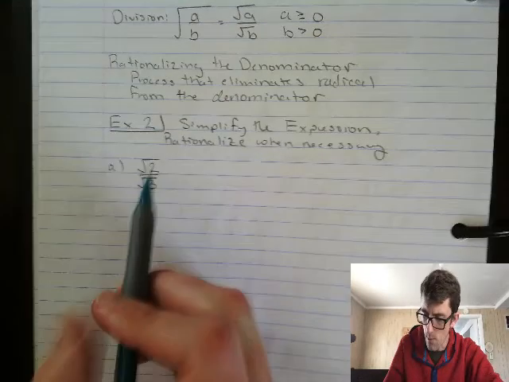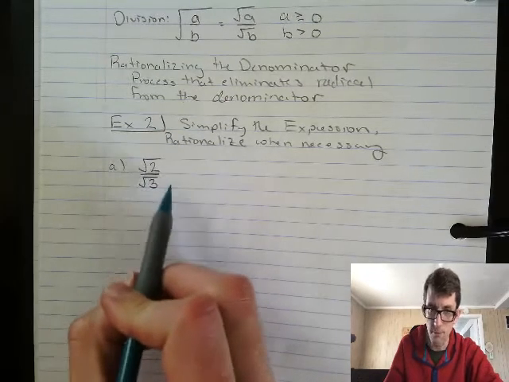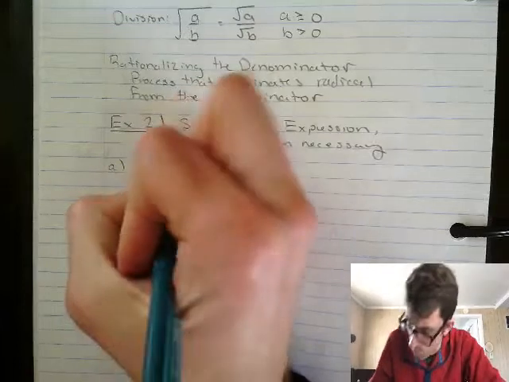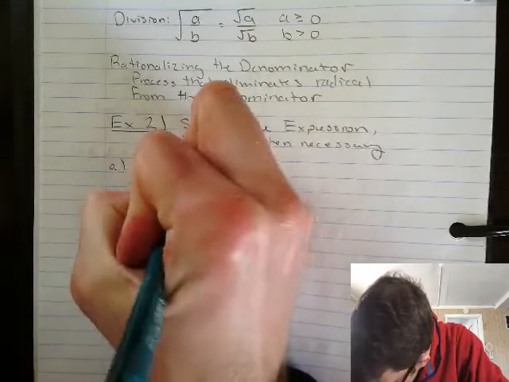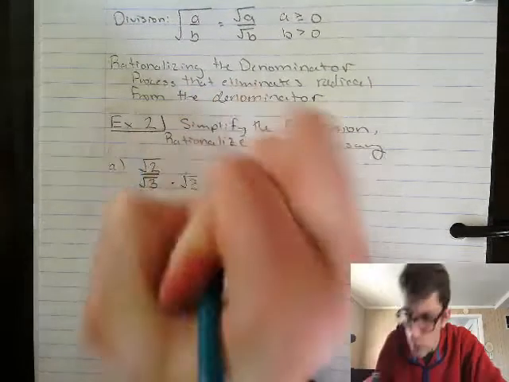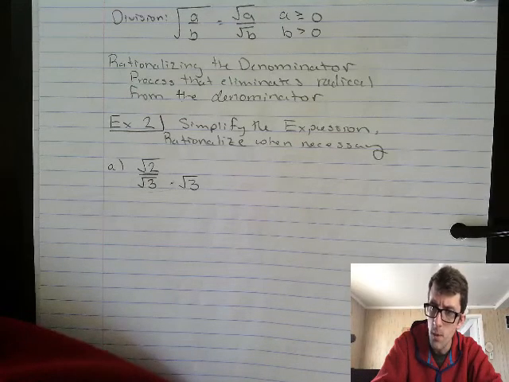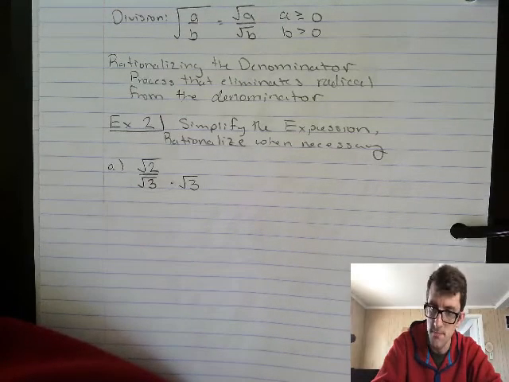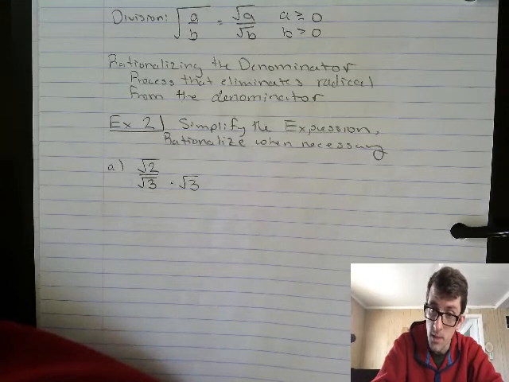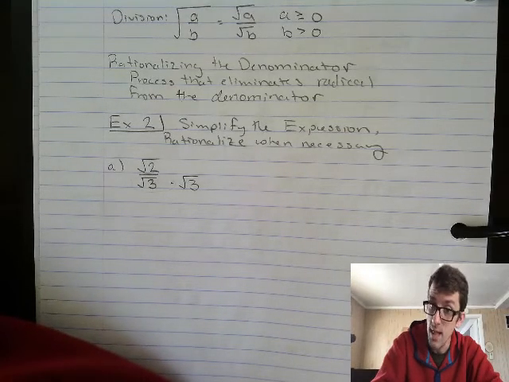Let's go ahead and try that here. So if I wanted to get rid of that square root of 3, I would have to multiply by the square root of 3. Okay, now we need to keep this expression balanced and equal.